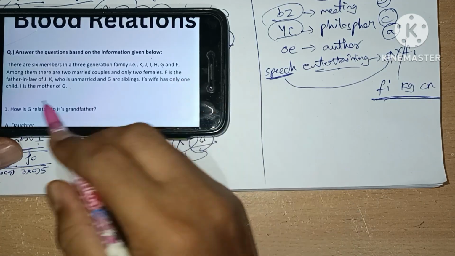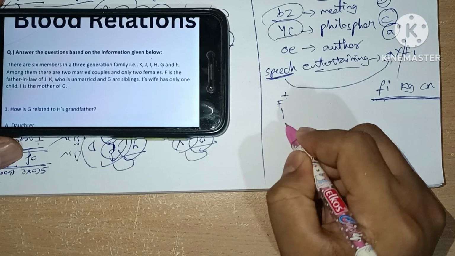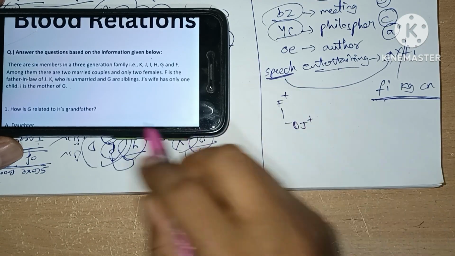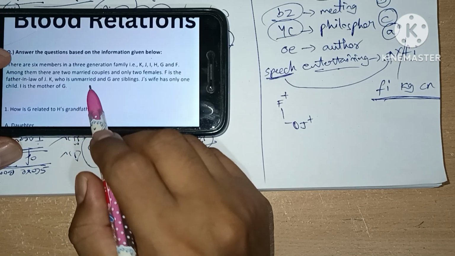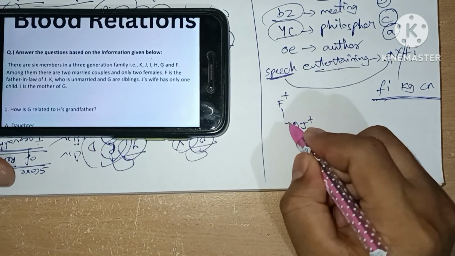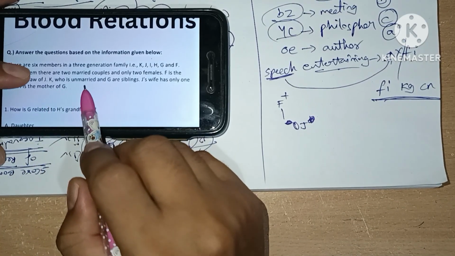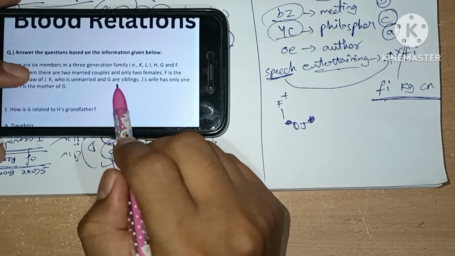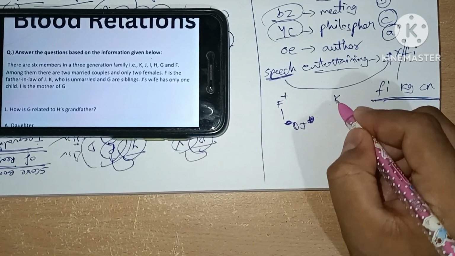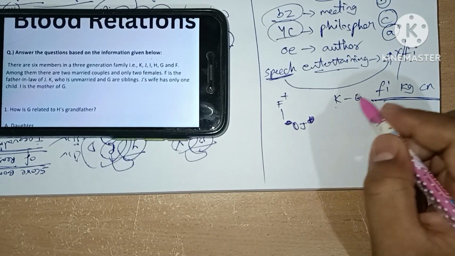Okay, F is the father-in-law of J. K, who is unmarried, and G are siblings. Sorry, here the symbols are not given. Means K and G are siblings and K is not married.